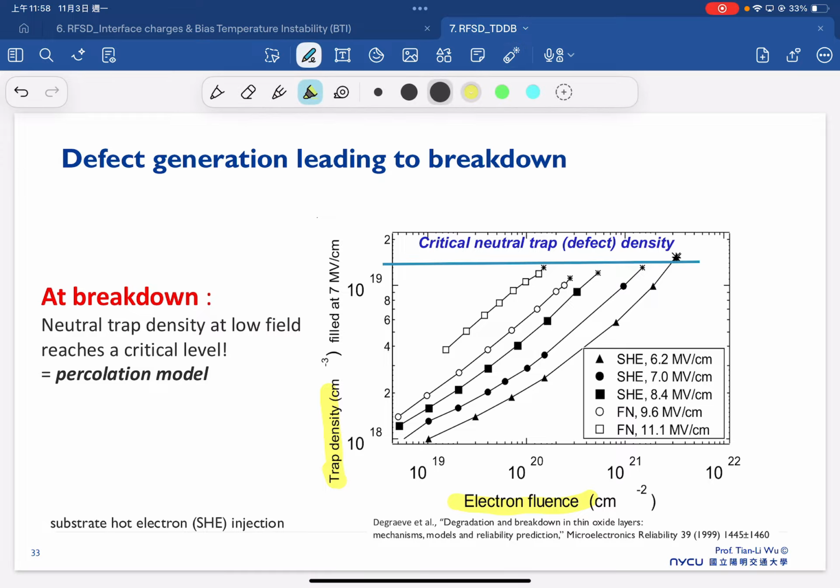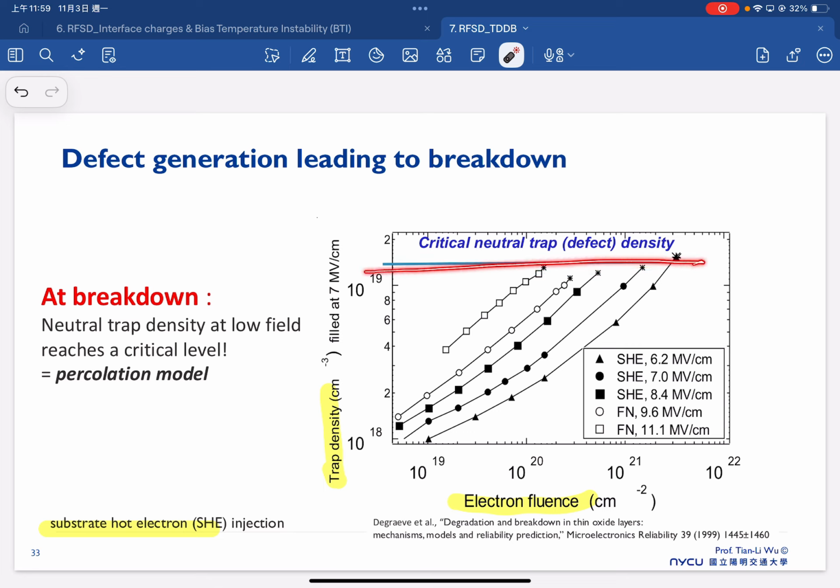Right now we won't explain substrate hot electron injection too much, but here we just want to illustrate that all the dielectrics break down with the same criteria.